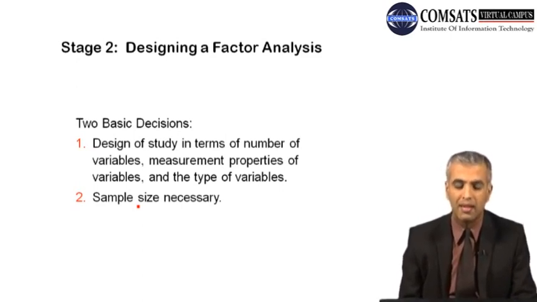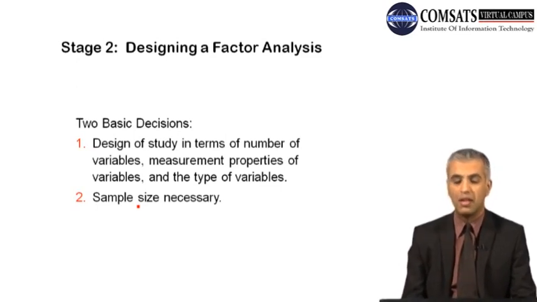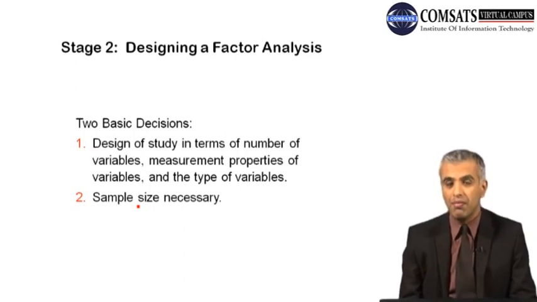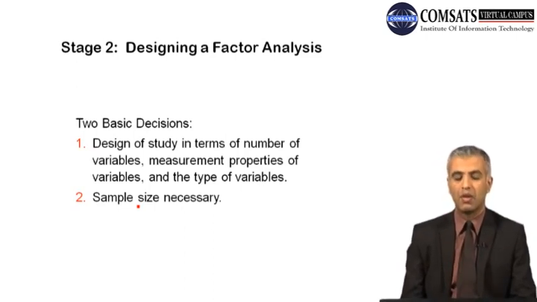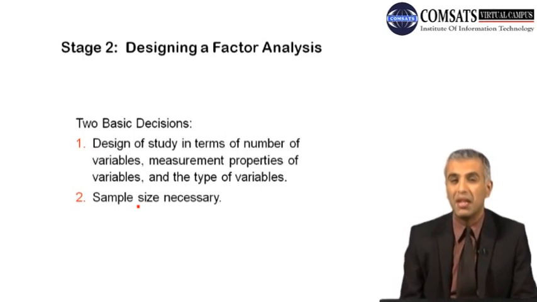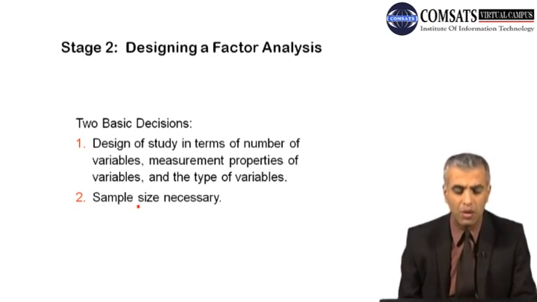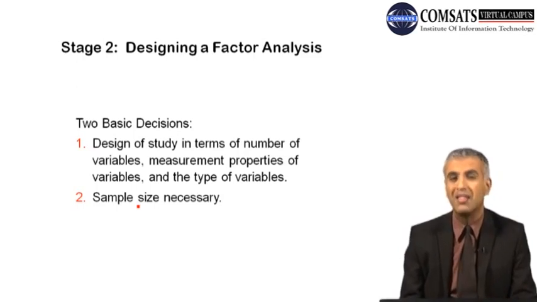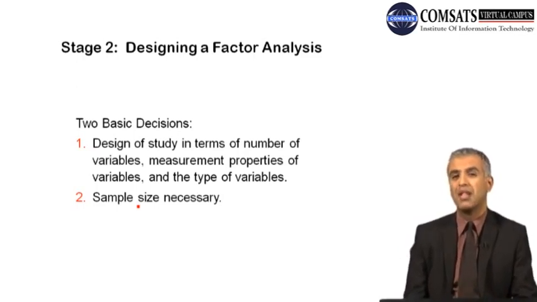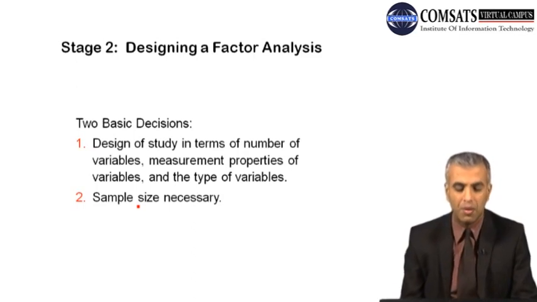Again, there are a certain number of variables which are required, and then what type of variables do we require? For example, only scale-based variables, or interval ratio variables, are suitable for that. These variables are also termed metric variables.